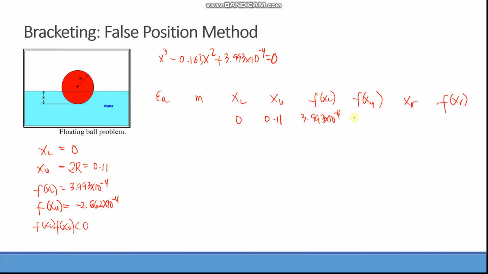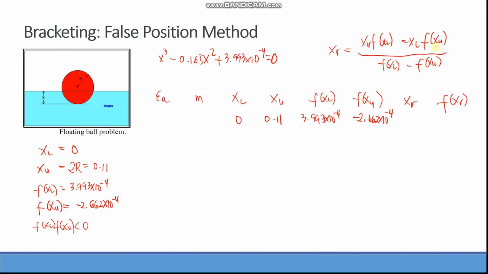For the false position method, the values of the functions of the lower and the upper guess, as well as of the approximated root, are important. So we just apply the formula xr is equal to xu f of xl minus xl times f of xu, all over f of xl minus f of xu.